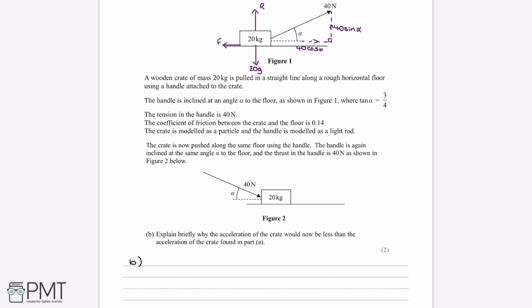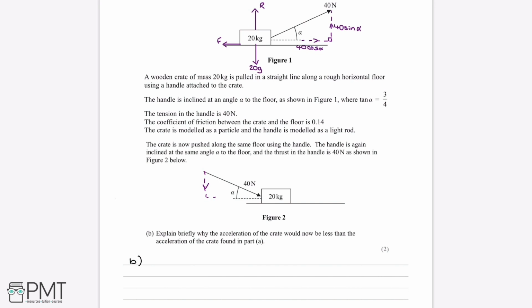If we draw onto the diagram its vertical and horizontal components like we did in figure 1, unlike figure 1, its vertical component is now acting downwards instead of upwards. And similarly to figure 1, the horizontal component acts horizontally to the right, in the same direction, because the crate is still moving in the same direction. It's just that the handle is now in a different position, which affects the components.